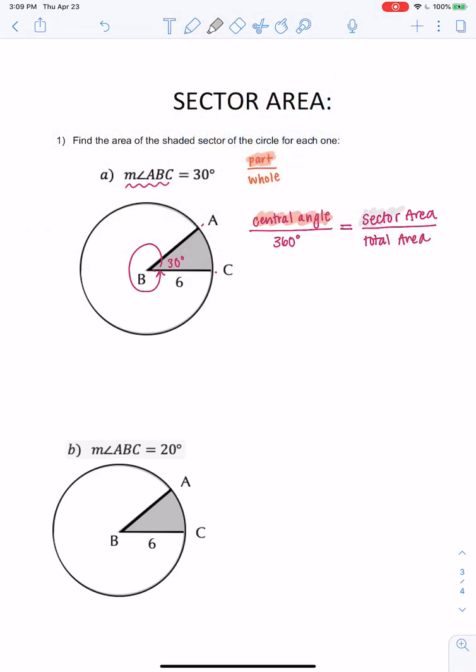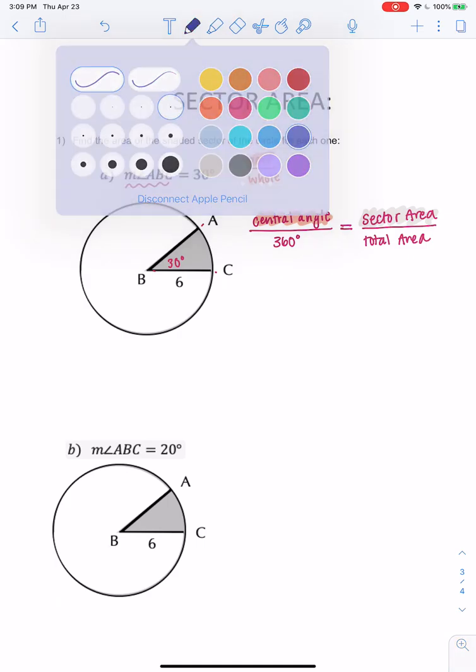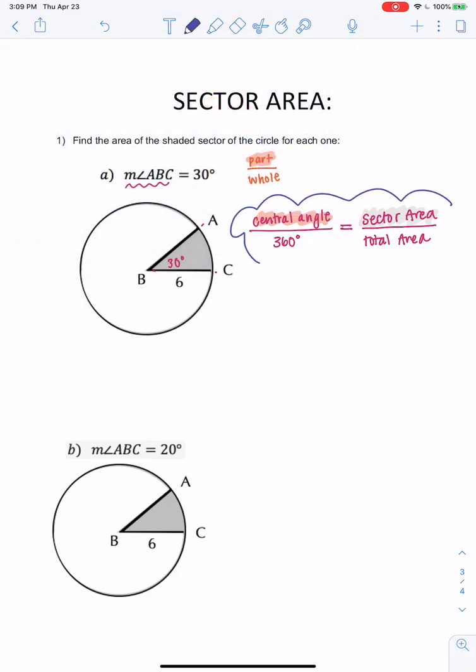The sector area is the area in gray over here. Because these two ratios are equal, you're going to want to write down this equation right here because we're going to use it every single time. So for example, our central angle is 30 degrees here.